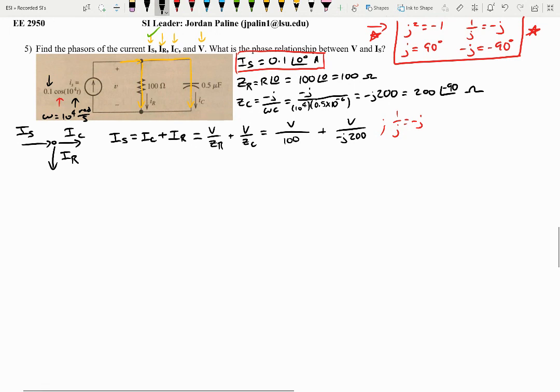So now we have 0.01 V for the first part, and then for the negative j bit, we'll replace it with j, just using that relation. It would be V over 200, so 0.005 V. This is still I of S.